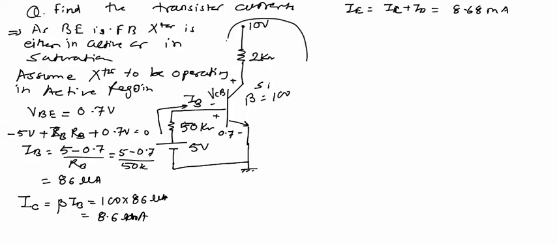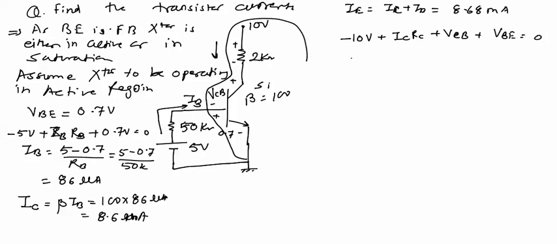Now the next step is we have to calculate this collector to base voltage VCB. Again we will apply KVL in this loop. We get minus 10 volt plus IC into RC plus VCB plus VBE equal to 0.